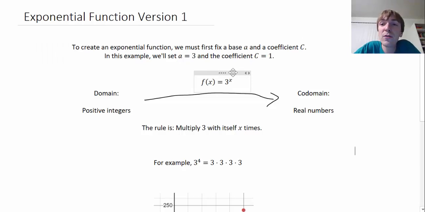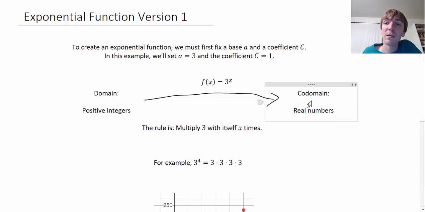And in this first version of the function, which we're going to expand on, the domain of this function is just positive integers. So we're going back to that domain and codomain language from Unit 1. Our inputs into this function are positive integers, and the output we're saying is any real number. In fact, that codomain will stay real numbers throughout every version.